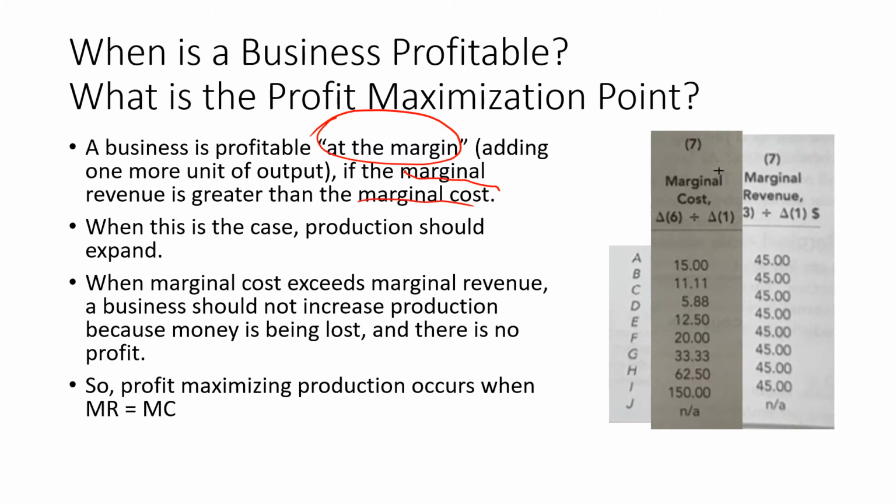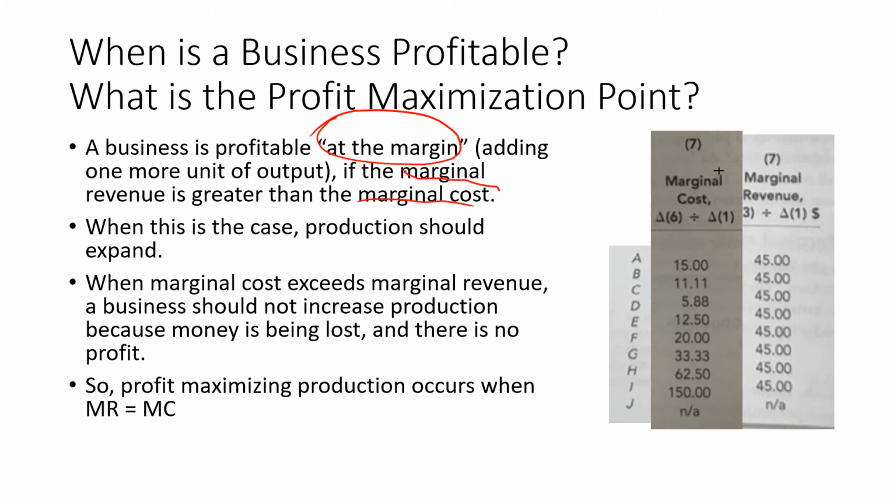So if the amount of money that we're going to bring in by making and selling the next product is greater than the amount that it will cost a business to make the next unit of product, then we're profitable. That makes sense. You're bringing in more than it's costing you.